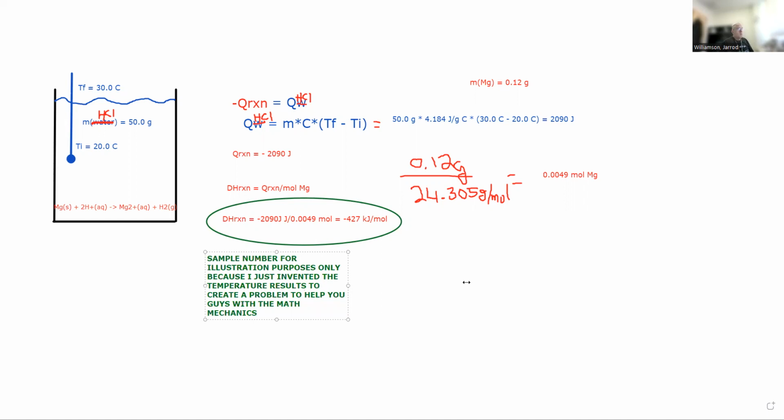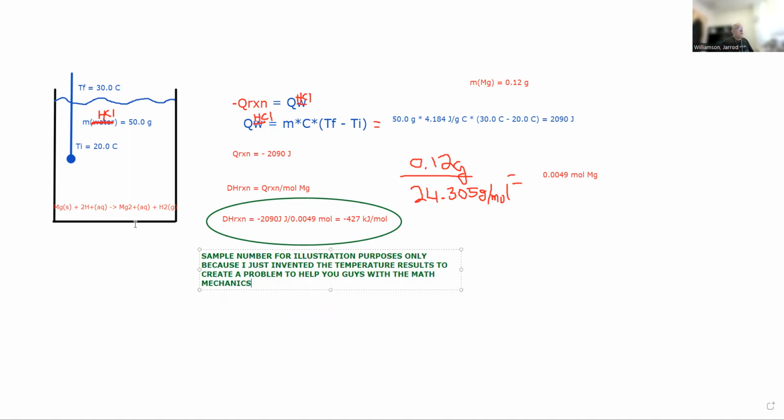Okay, you guys get that? So I invented the 20 degrees Celsius and the 30 degrees Celsius range so I could create a problem so you guys know how to solve this. I'm not saying you should get 427 kilojoules per mole. I don't know if that's correct or not, but I invented it so you guys know how to do this lab and how to solve the problems. Don't hold me to that. I just created it on the fly.